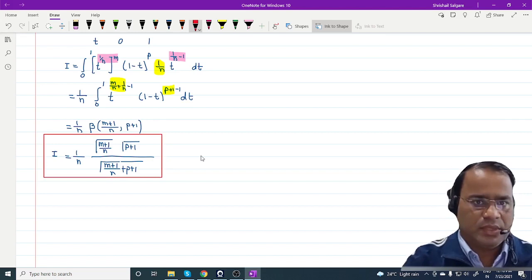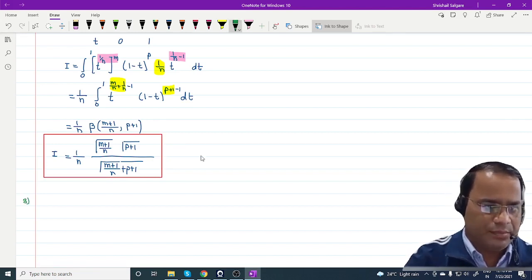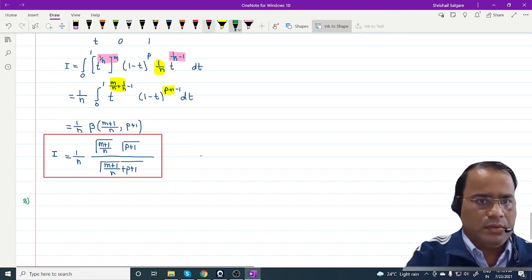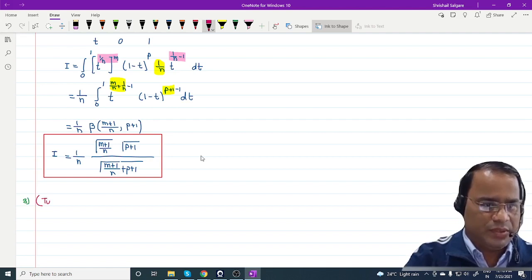Third example and third type. This one you can consider as type 3.